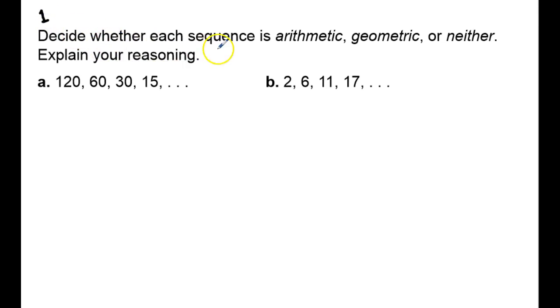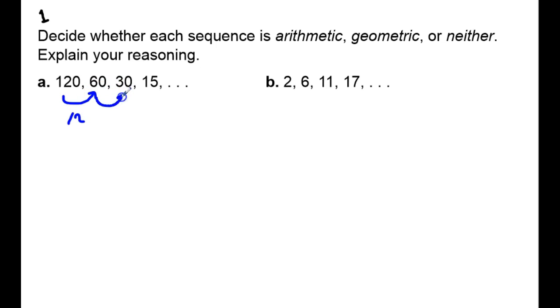Here we're looking at example number 1. We have to decide whether each sequence is arithmetic, geometric, or neither, and then explain my reasoning. I notice in part A to get from 120 to 60, I can either subtract 60, so let's try that, but then I see in the second part I can't subtract 60. That doesn't work. So I know that this is not an arithmetic sequence. Now let's try and figure out if it's geometric. To get from 120 to 60, I divide by 2.